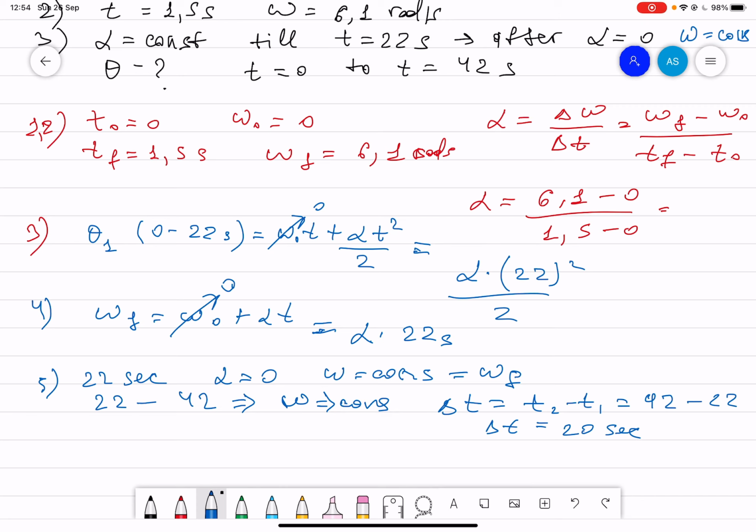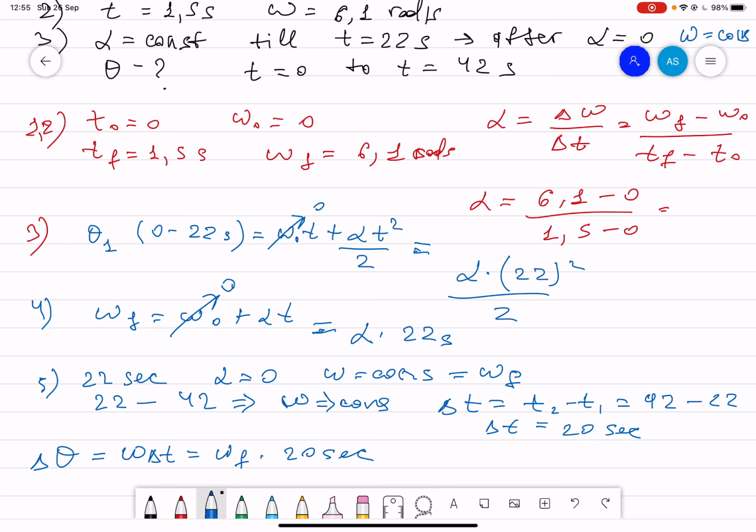After that you have to find the theta. Now delta theta is equal to omega times delta t. Omega is constant, delta t is 20 seconds, and omega we didn't calculate, so you have to take this omega final times 20 seconds.